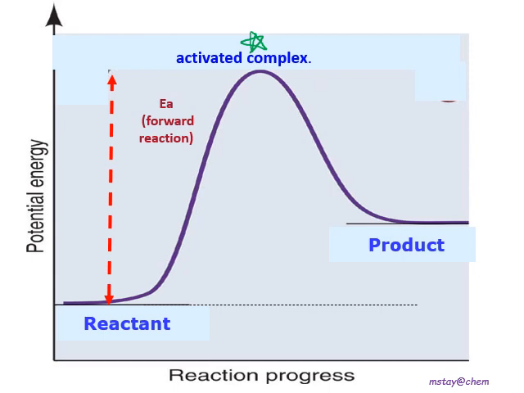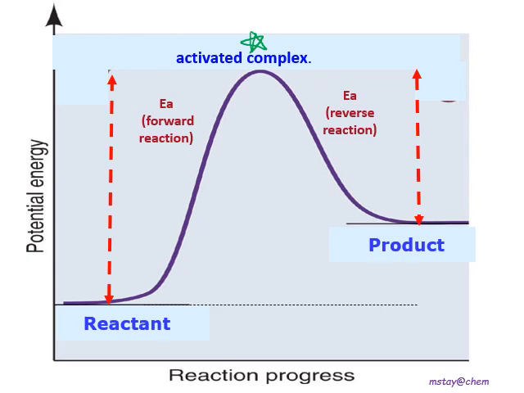However, if the distance is between the products and the activated complex, it means that the reaction moves backward, or reverse reaction. So this activation energy is known as reverse activation energy.